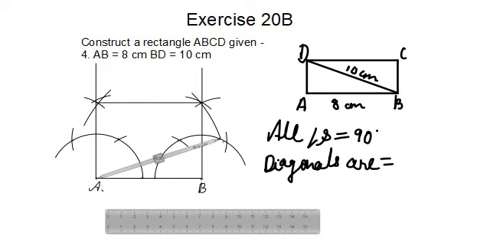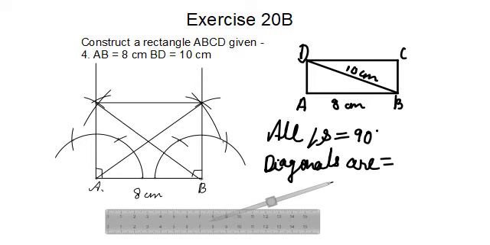So we'll do the labelings right now. This angle is 90 degrees from point B. This angle A is also 90 degrees, and AB is 8 centimeters, and also join the diagonals that you have made. You will join these two diagonals too, from this point and from this point that you have cut the arcs upon.